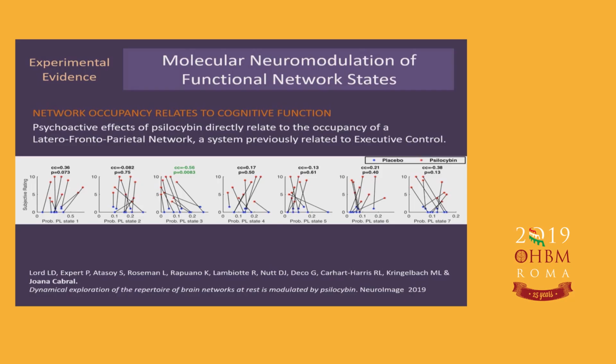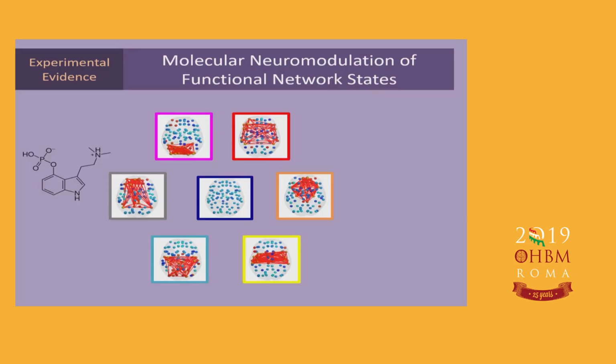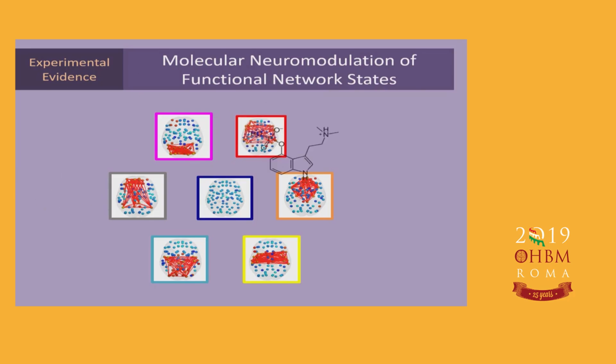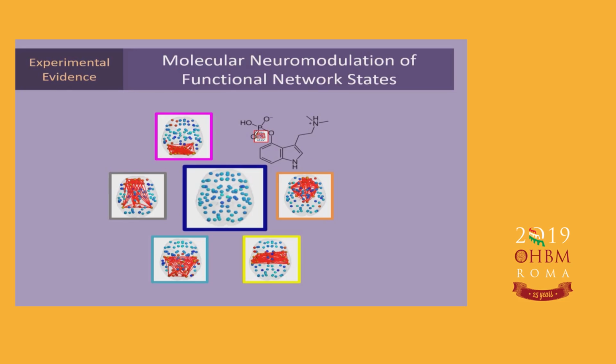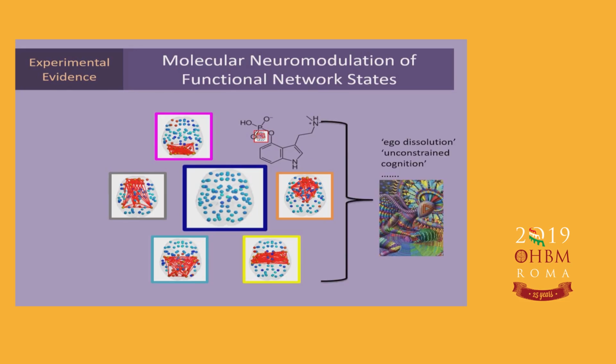I should have added some references, but it's a network. It's still unclear what exactly it does, but what we find here is that, again, a molecule somehow, by some magic, modulates the occupancy of the different networks, and once you are there, apparently people describe this feeling of ego dissolution or unconstrained cognition.